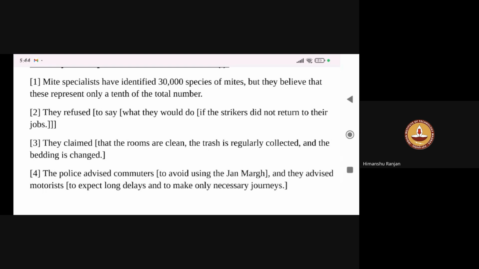They refused to say, and if the strikers didn't return. So they refuse to say, and if the strikers did not return to their jobs, particularly the second one, is that an independent clause? If the strikers did not return to their jobs, you only have half of the clause there. You don't have it entirely. If the strikers did not return to their jobs is not an independent clause, right?